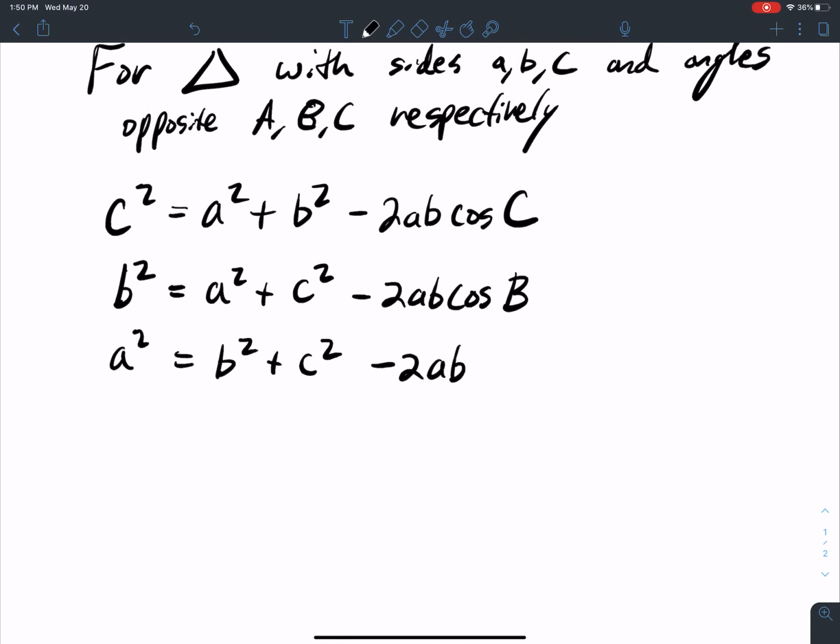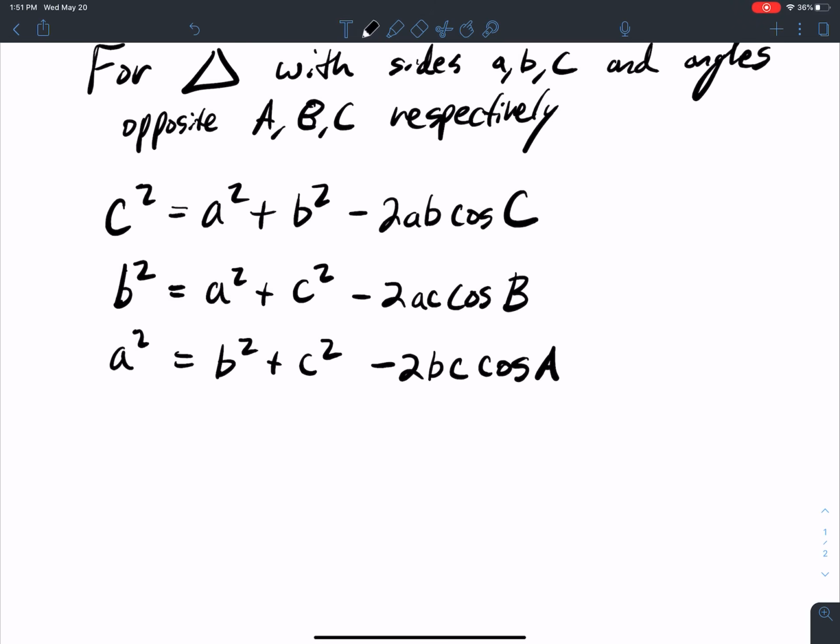I'm sorry, I messed this up. Okay, scratch that. It's the sides that we don't use. So b is not in, so that would be a and c. And then this one has an a, so I'm going to use b and c cosine A.